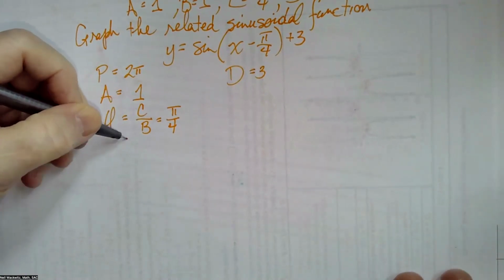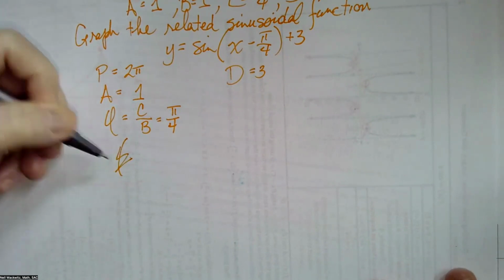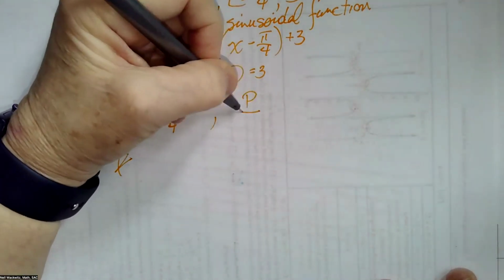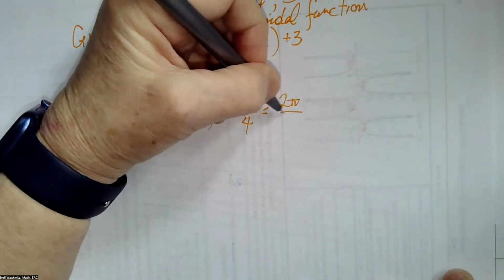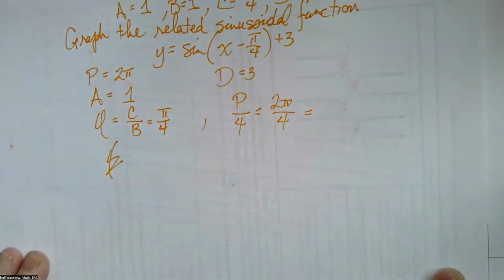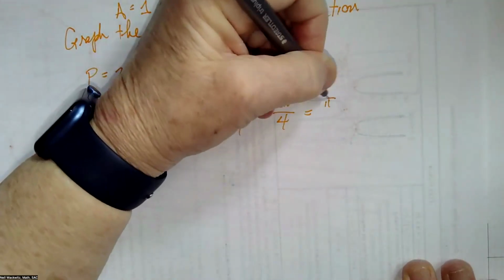And so we've got the points. Oh, and the period divided by 4 is 2 pi divided by 4, which is pi over 2.